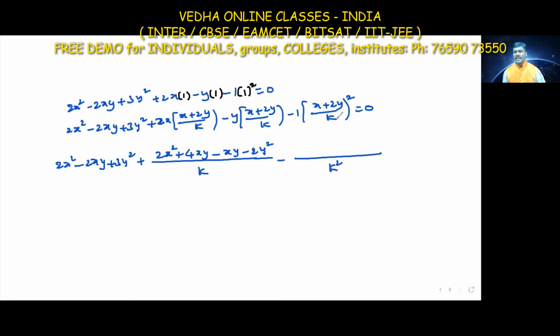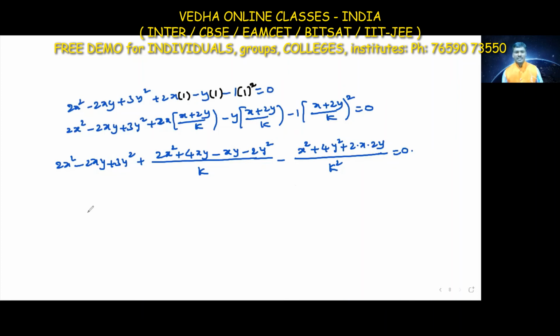Here the square is applicable in numerator and denominator, so if we write the numerator, we get an a plus b whole square form. Denominator is k square. Numerator I am writing x square and 2y whole square, that is 4y square, 2ab, 2 into x into 2y, is equal to 0.